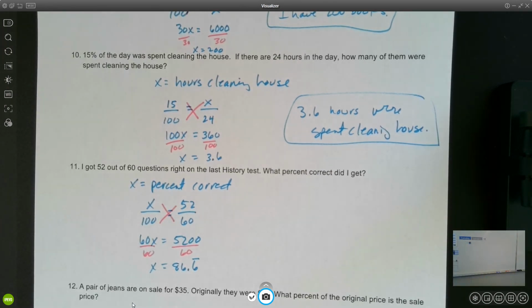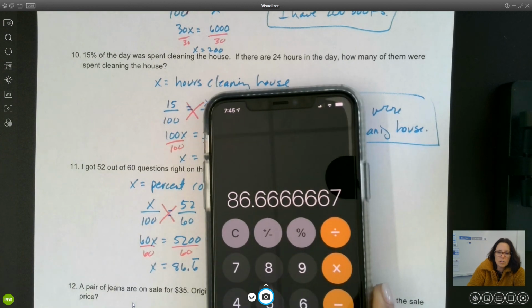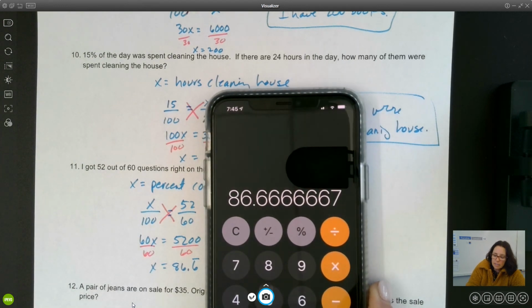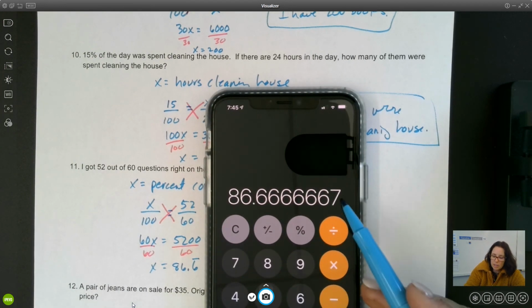Let me do that in my calculator real quick. 5200 divided by 60. Okay, so you would see that in your calculator. Now, the calculator rounds that last six. The sixes go on forever.